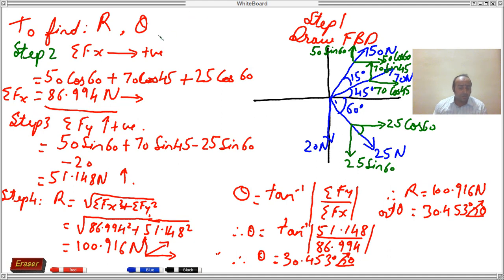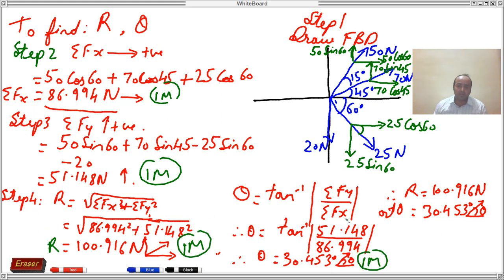The marks distribution: summation Fx along with the calculation part, 1 mark if it is for 4 marks. Summation Fy again for 1 mark along with the calculation. Value of R, don't forget to write this, whatever is the value, 1 mark, and finally the value of theta, 1 mark. This is the way how the 4 marks are divided.